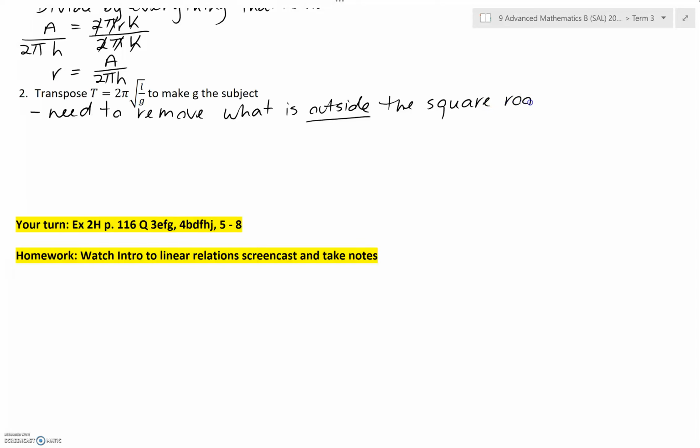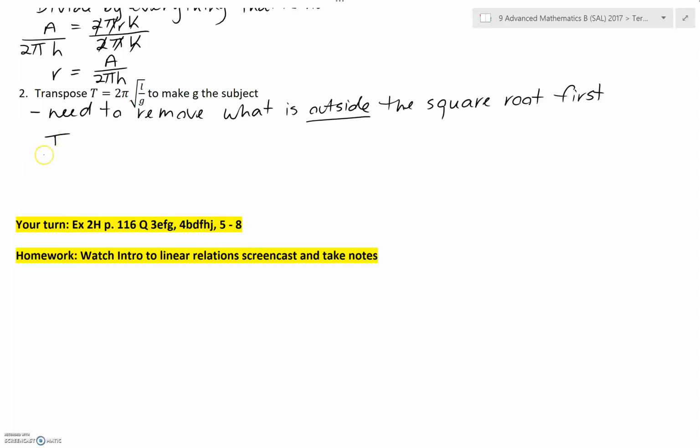I'm going to write quite a few explanations of what I'm doing here because it is a much more complex problem. I'm going to write extra steps that you may or may not want to include when you get better at it, but until you are good at it, let's just write them all here. So we need to divide both sides by 2 pi. We're multiplied currently by 2 pi on the right-hand side, so we need to divide both sides by 2 pi.